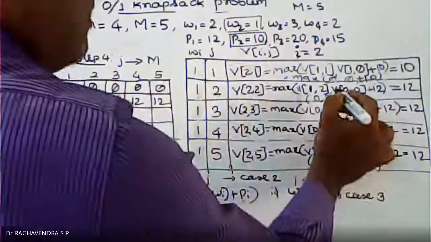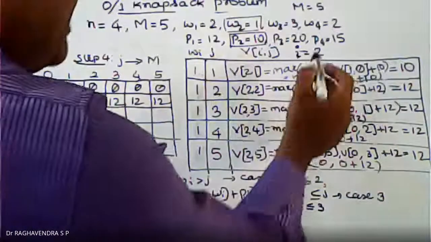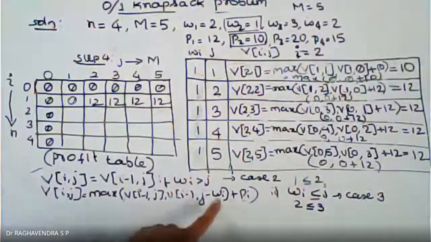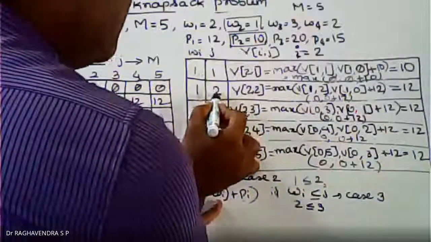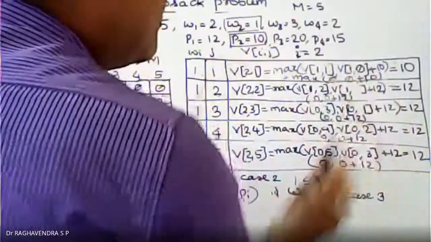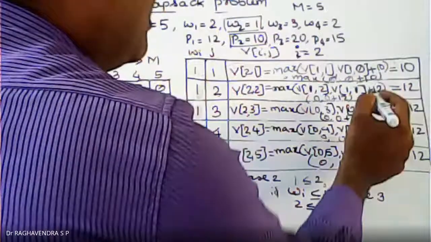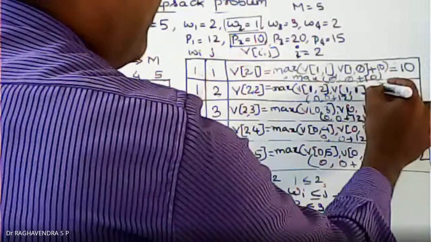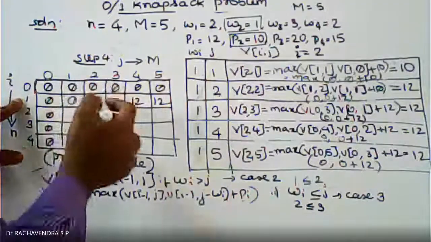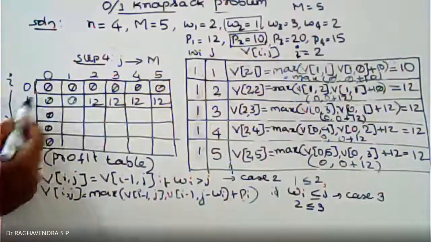Comma V of I minus 1, again 1, comma J minus Wi. J is 2, 2 minus 1 is 1, plus the profit. The profit is 10. So we have V of 1 comma 2. How much is it?